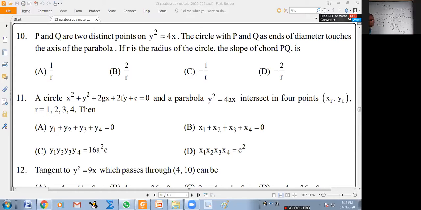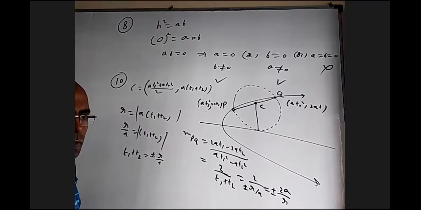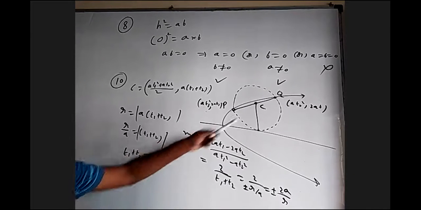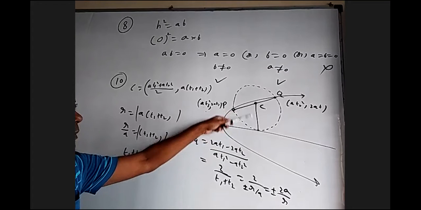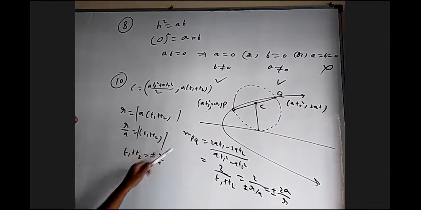Then I put that here also, we get plus or minus 2a/r. So that's why option B and option D both can be correct. The y coordinate of the center need not be as is, the radius is the mod of the y coordinate. That's why we're able to get this plus or minus.